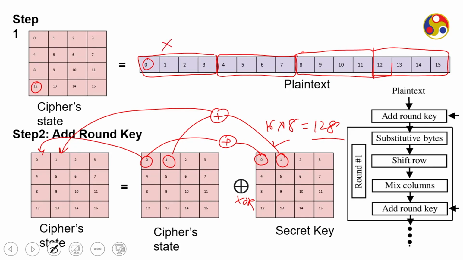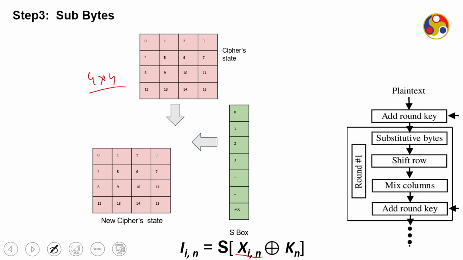I will pick one of these location values and XOR with this kn, which is the add round key, and this value will be the index of this S box. This is my S box, right. So you identify this will become the index and you get that value, whatever the value is, it is predefined, everybody knows that, and that value will replace.